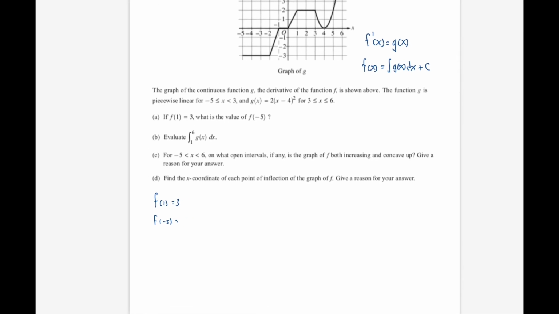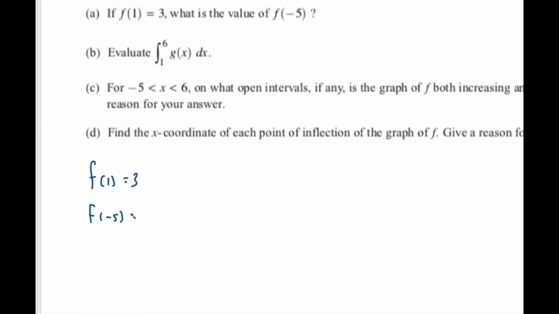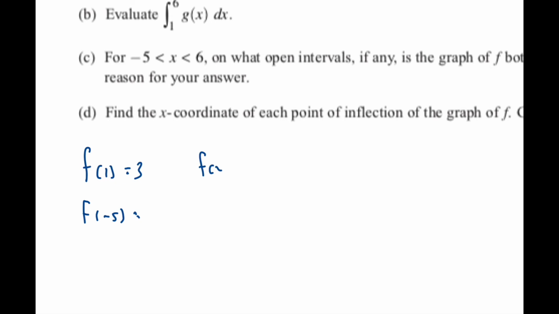I'm going to take advantage of this statement right here, that f is the antiderivative of g. We don't know any function for g. We can figure something out, but we do know f of x, and I'm going to use different notation, from some value to x of g of t dt plus c.